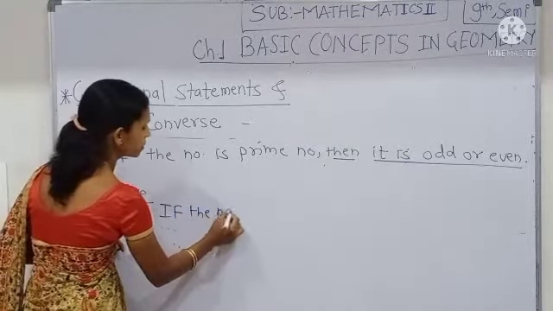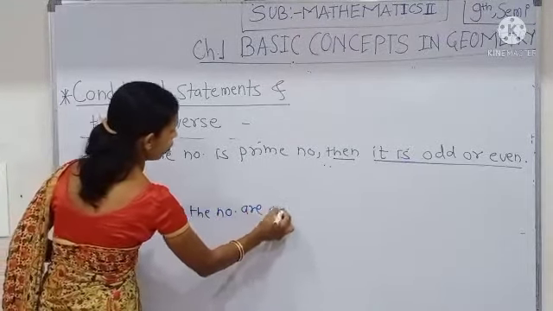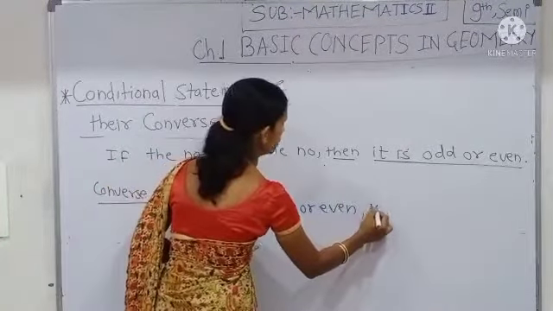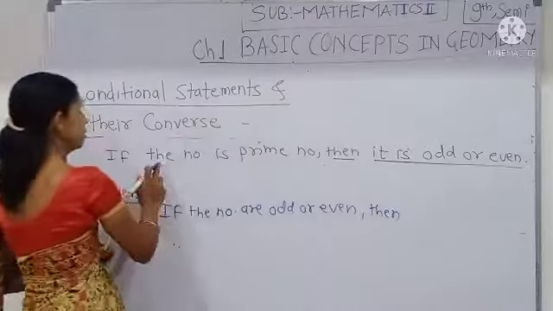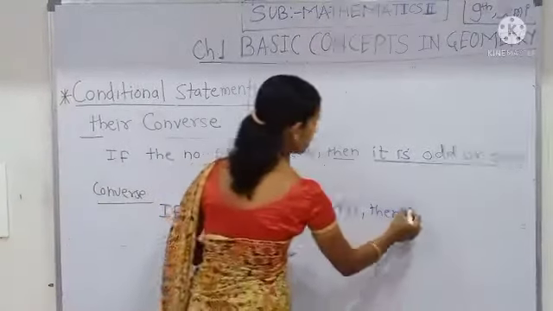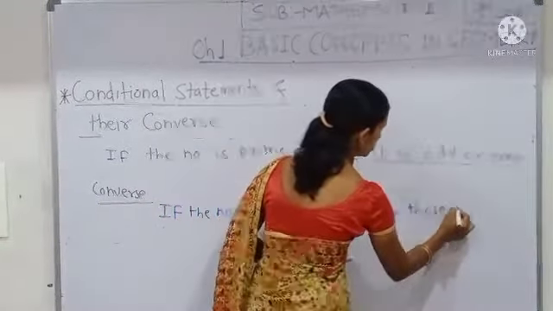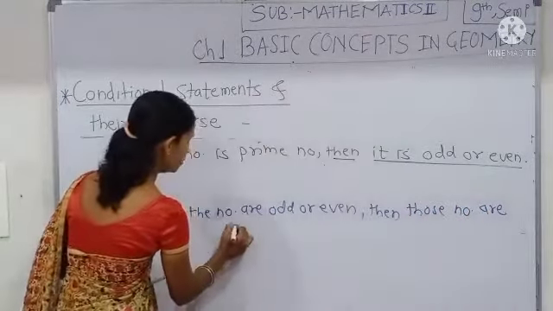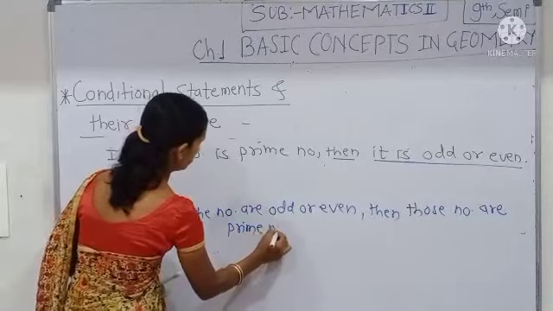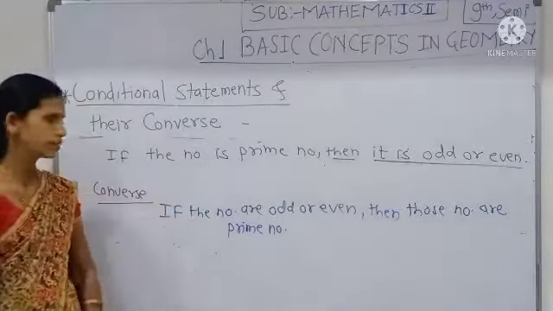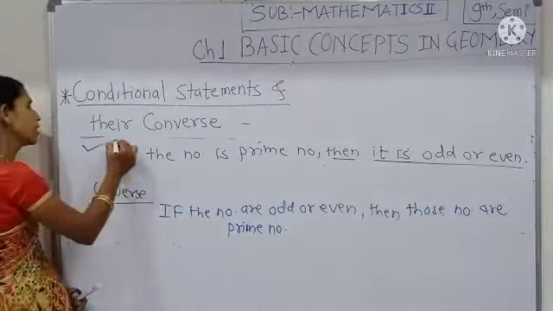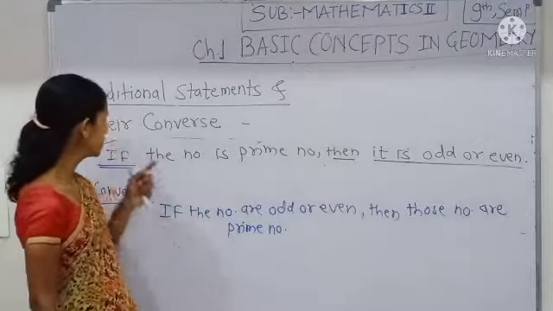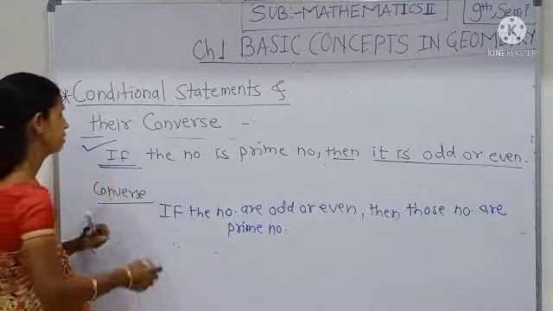If the numbers are odd or even, then those numbers are prime numbers.